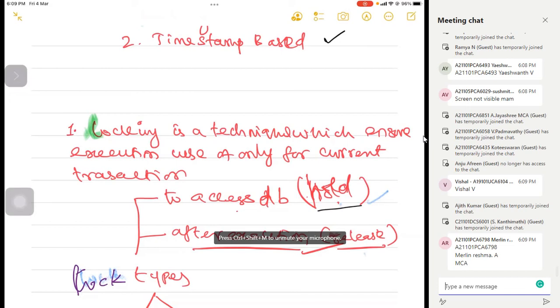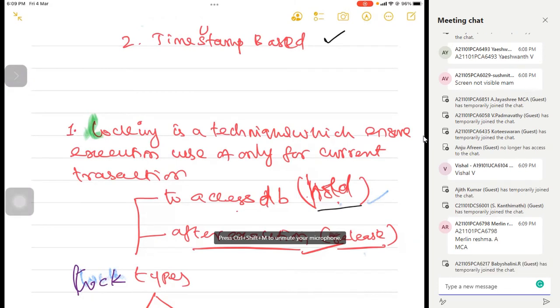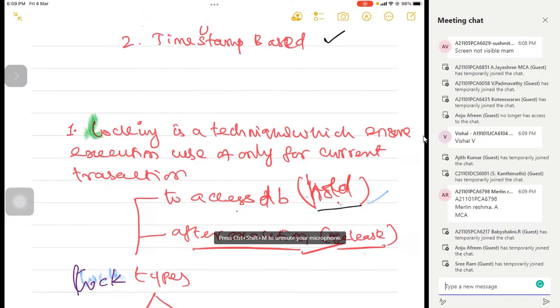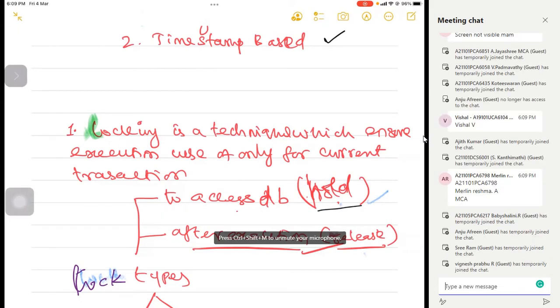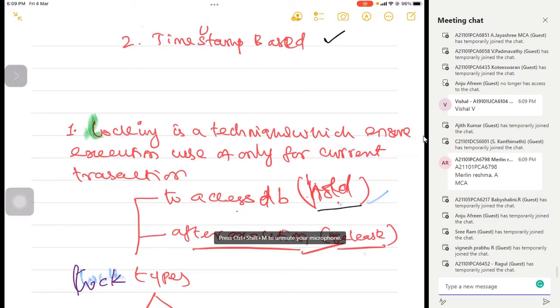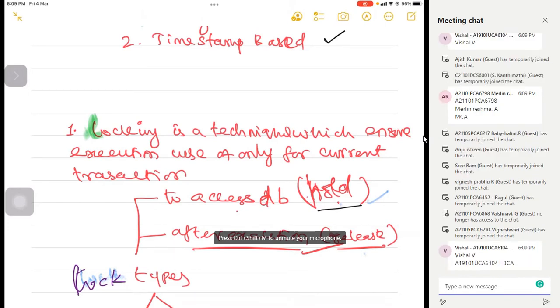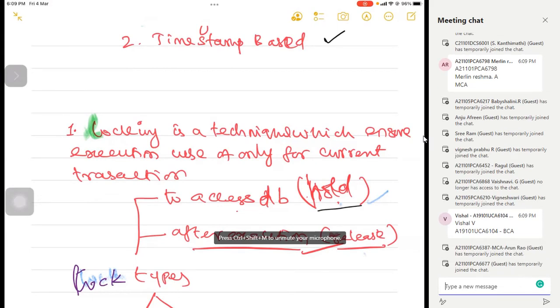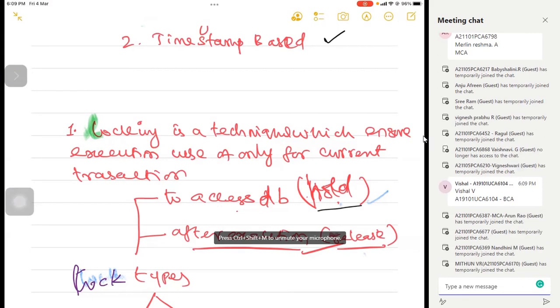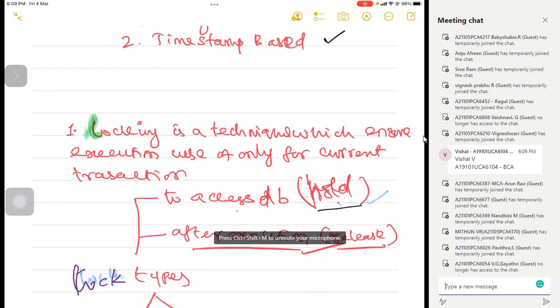While you are locking a particular record or resource, others cannot process it, so inconsistency will not occur, isn't it? Locking is a technique which ensures execution use only for the current transaction. Other transactions will not be able to use it, even though they may request.